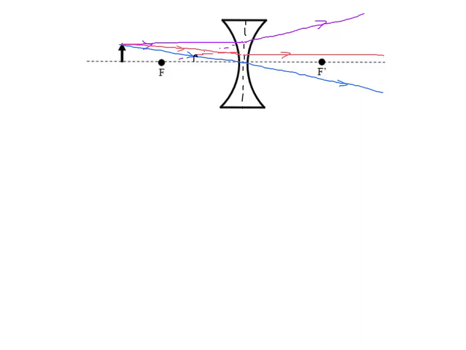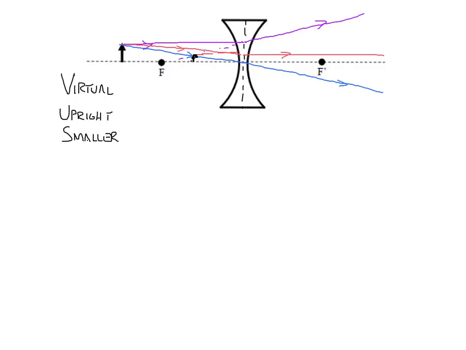So we're going to draw an image arrow, and it's a really tiny image arrow this time, pointing upward. So you can see that the image is virtual because it's on the same side as the object. It is upright, and it is smaller than the object.